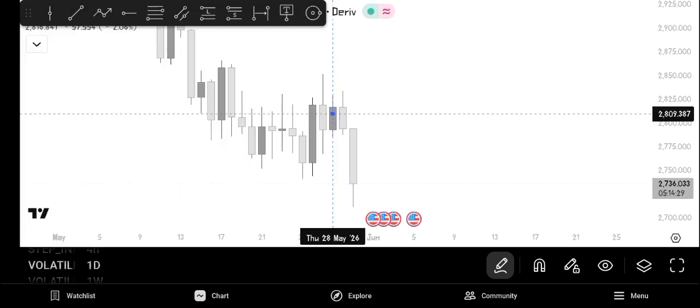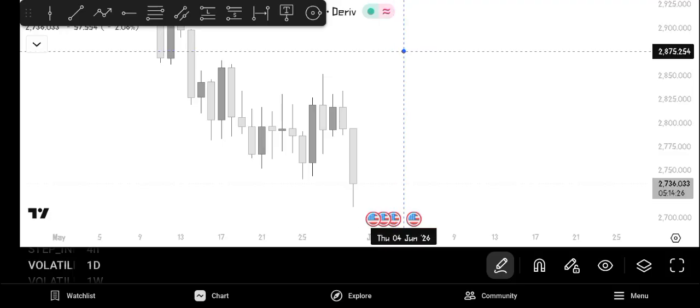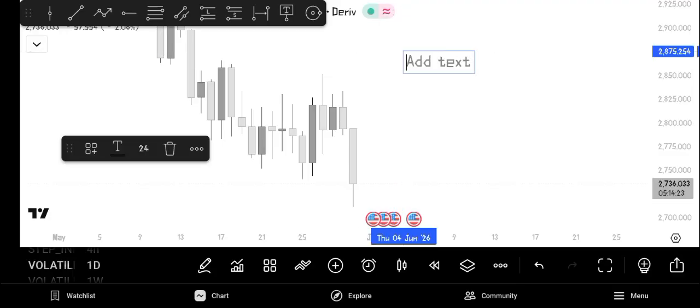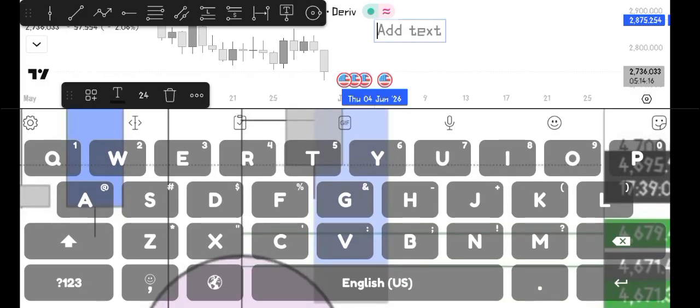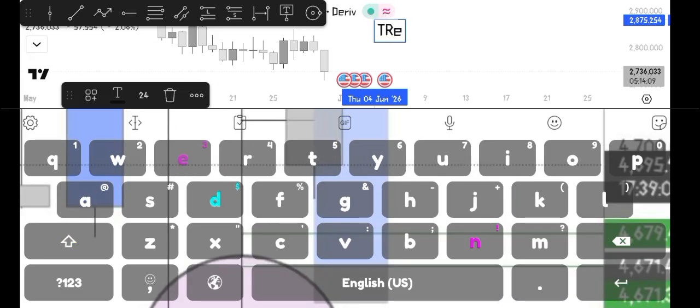Okay, so the first thing we will look out for is the trend. Now this will be on the daily time frame.